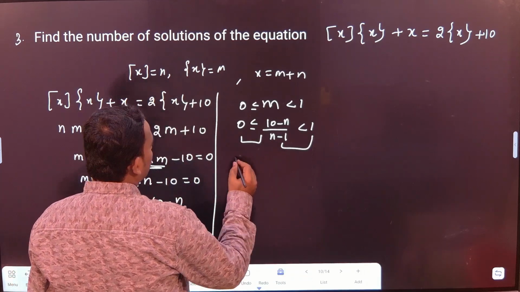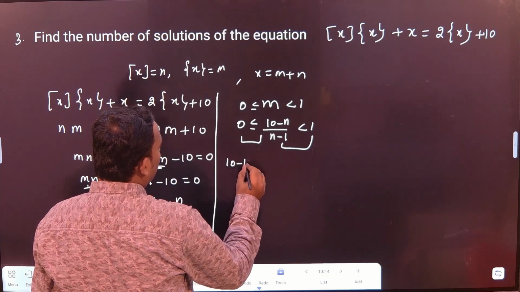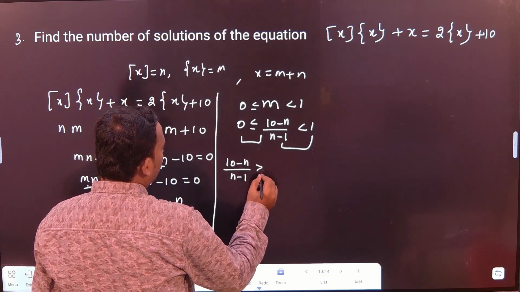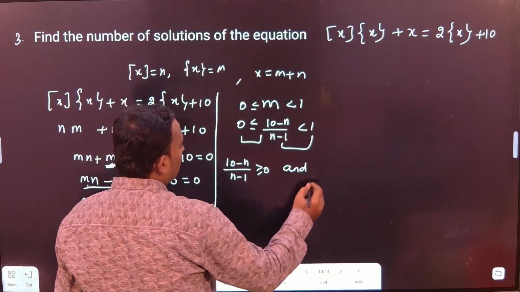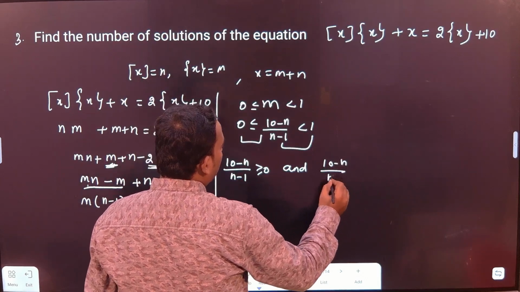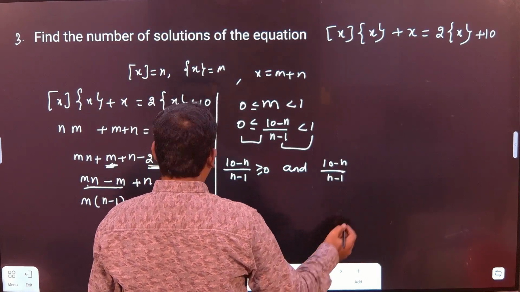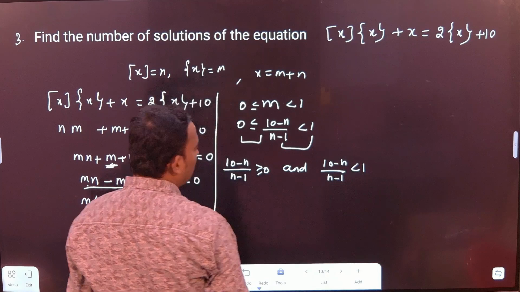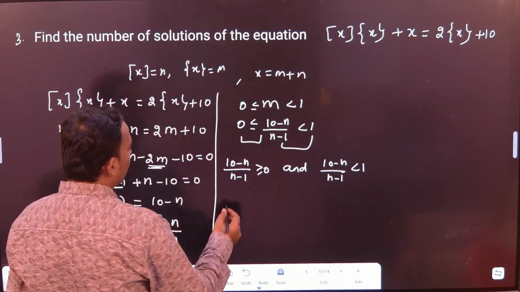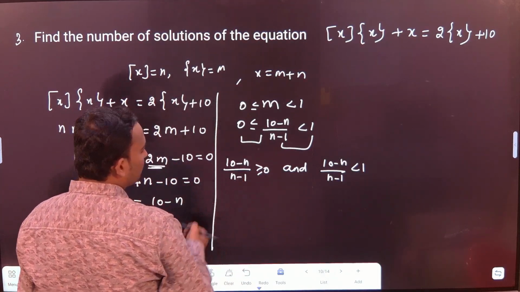Then what will we get? So 10 minus n divided by n minus 1 is greater than or equal to 0, and 10 minus n divided by n minus 1 should be less than 1. Solve this one, you can find the n here. So you can see how to solve this one.